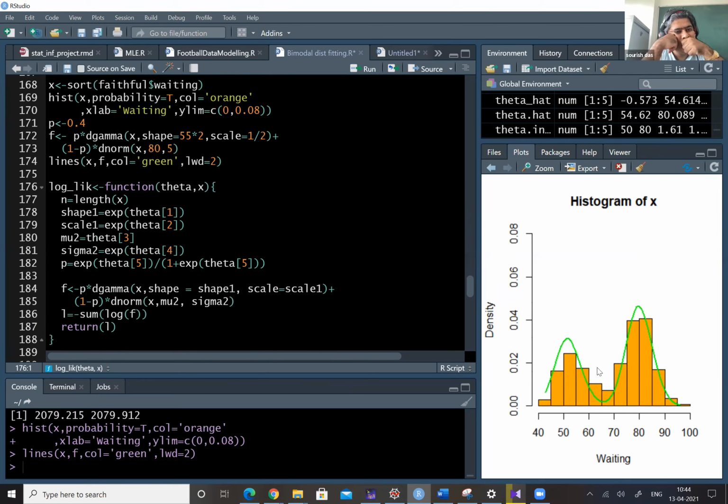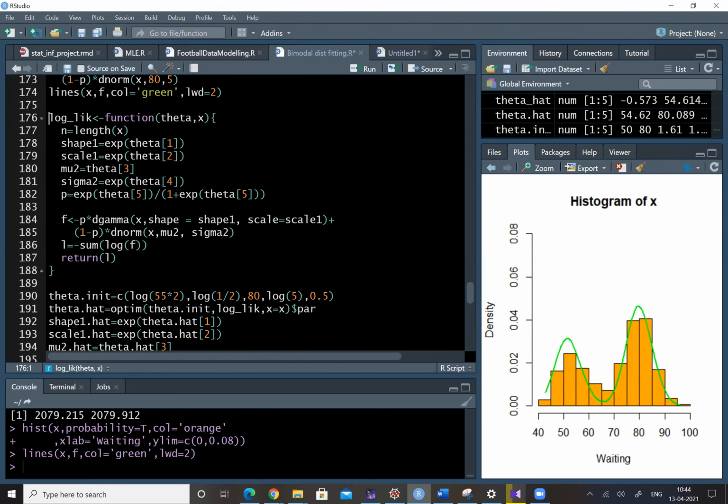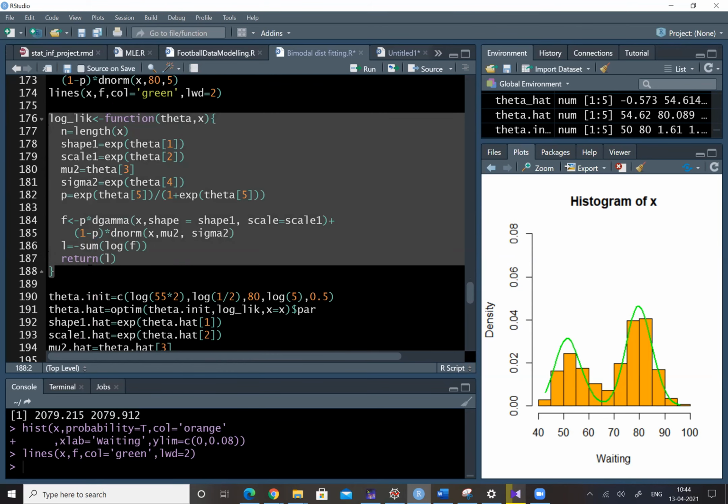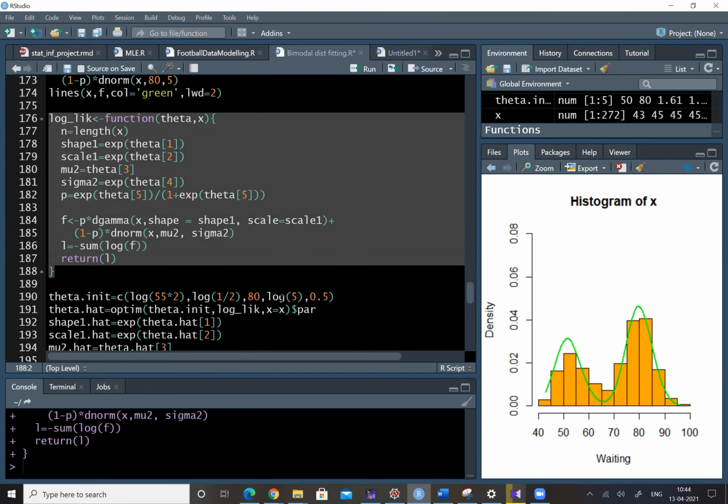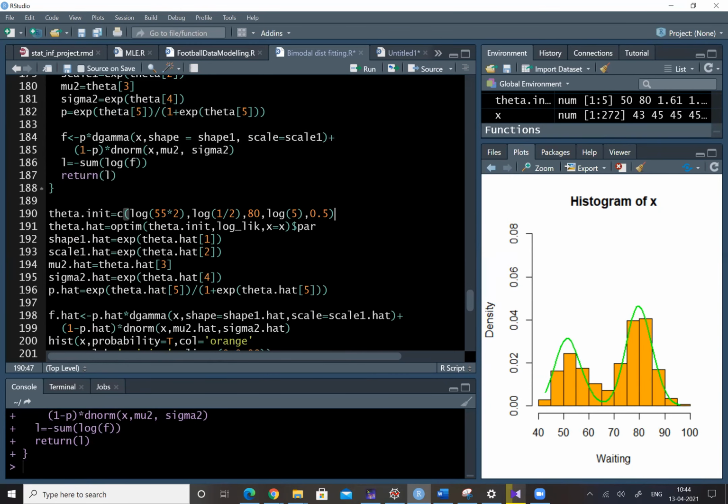The first peak, I'm assuming that it's from the gamma distribution, and the second peak is from the normal distribution. I have written the log likelihood function. Let me execute this. The initial values of theta are as we got from the above two models.